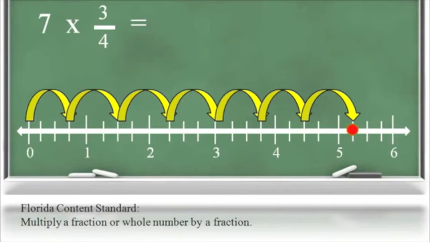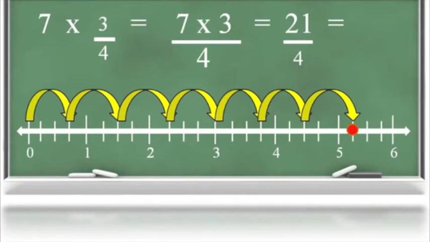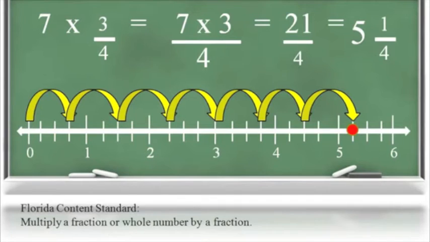After the student understands conceptually how to find the whole number of groups of a fractional amount, we would want them to try to relate their model to the more efficient algorithm. 7 groups of 3/4 would be 21/4 using multiplication, which can be rewritten as 5 1/4.